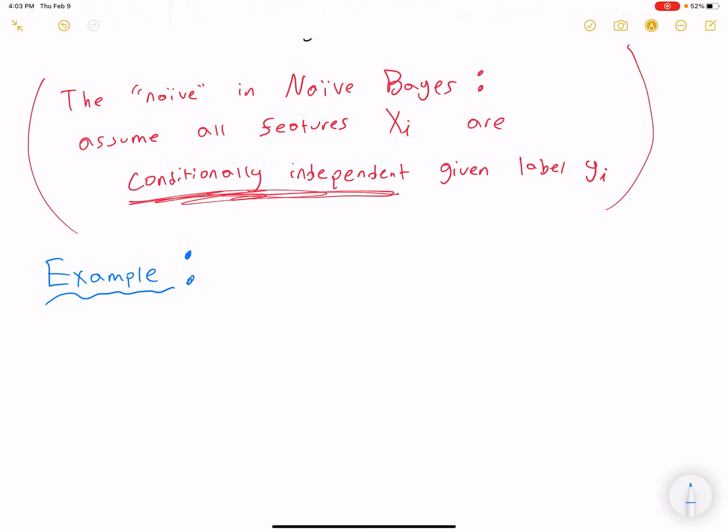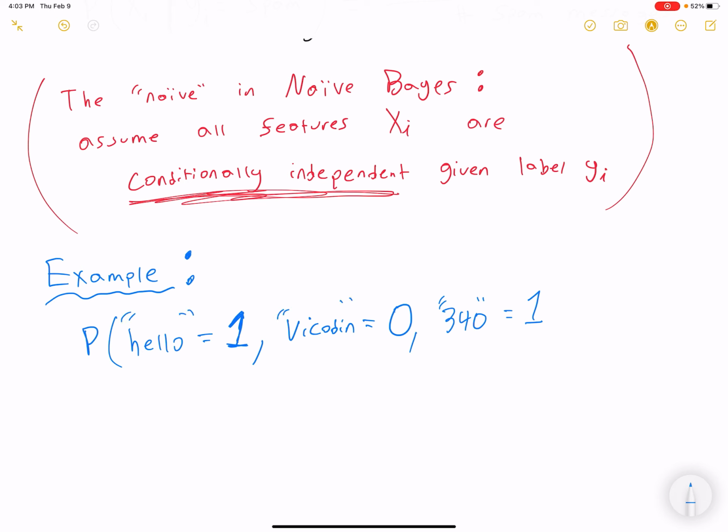So let's say you wanted the probability that the word hello is in your email and the word Vicodin is not in the email and the word 340 is in the email, given that it's a spam message.